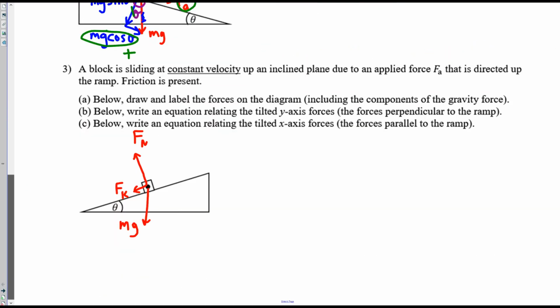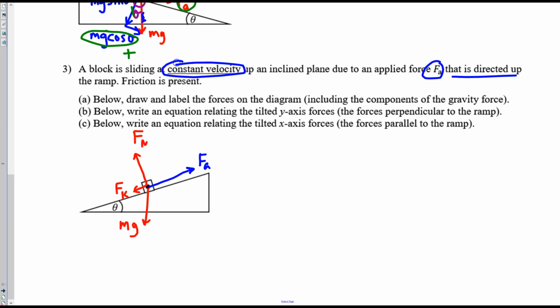Number 3. Okay, I drew the friction force, which is always opposite the motion. This block is going up the ramp. Okay, I need to add an applied force, right? There it is. The applied force is directed along the ramp, pointing up it. There it is, Fa. Are we accelerating or constant velocity?